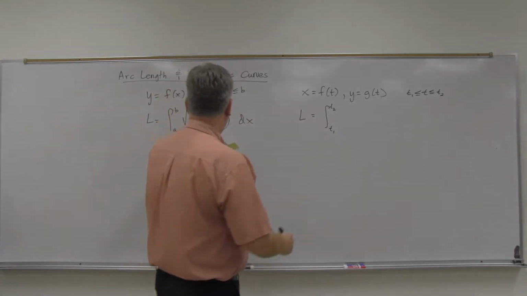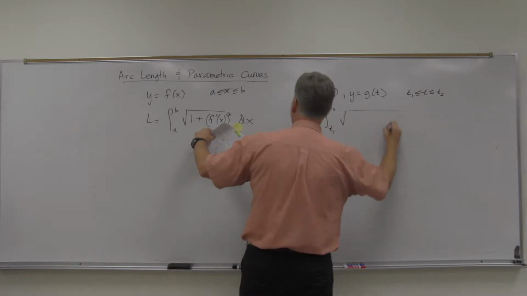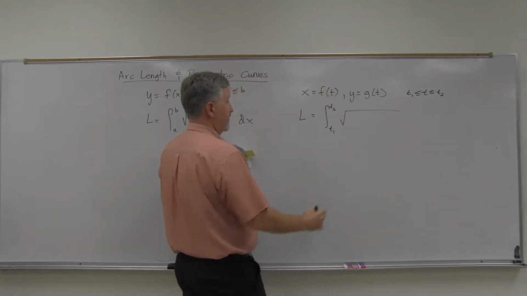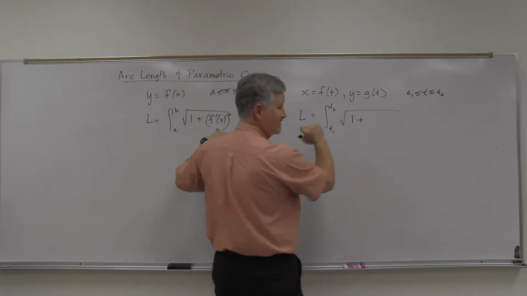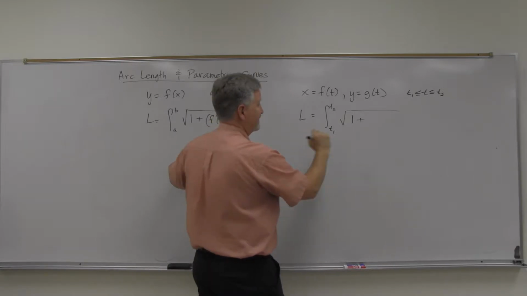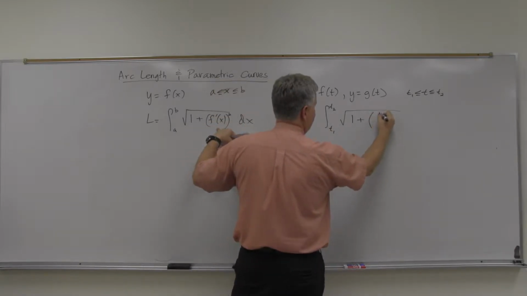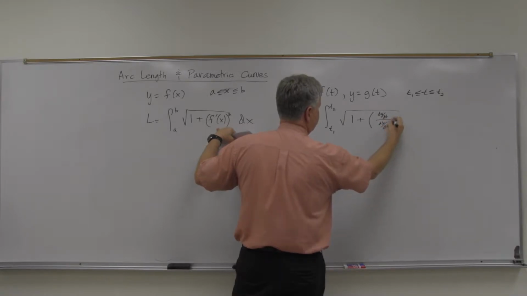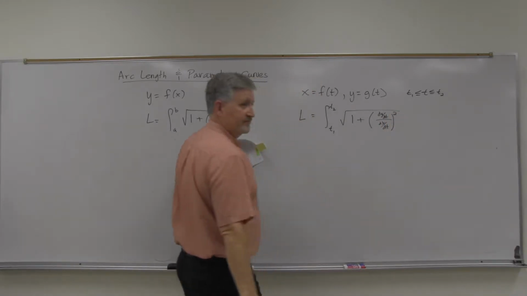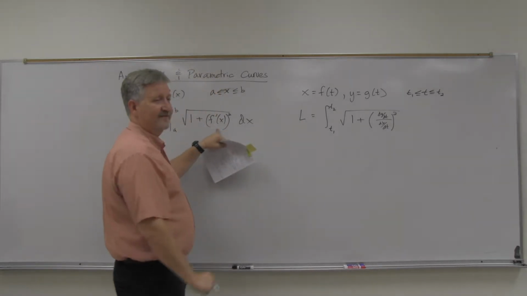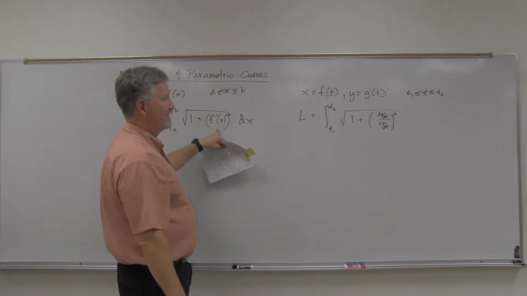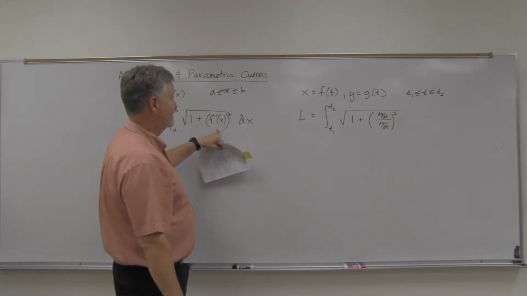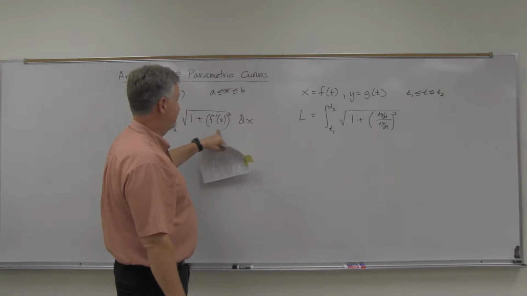Now, our derivative, that's in parametric. How do we do the derivative? Well, we do dy over dt over dx over dt and square that. That's not how it'll actually wind up being. It turns out it's a lot nicer than that may look.